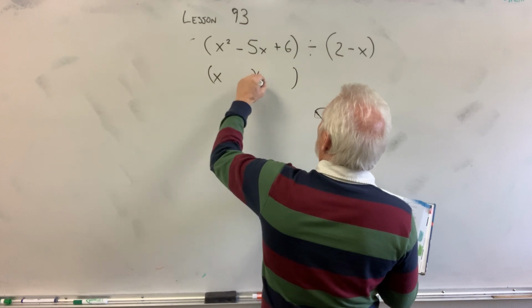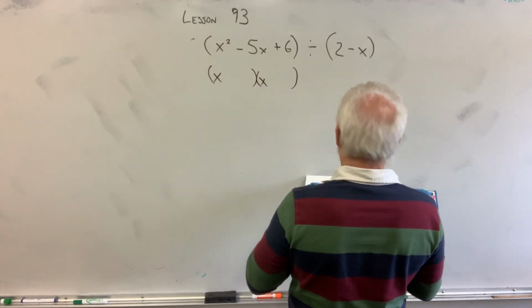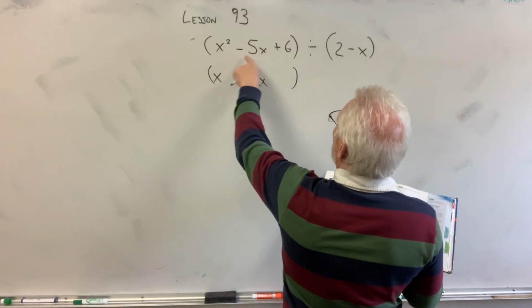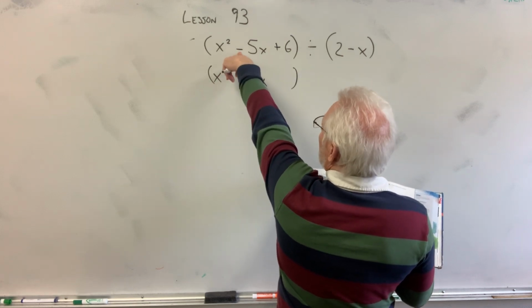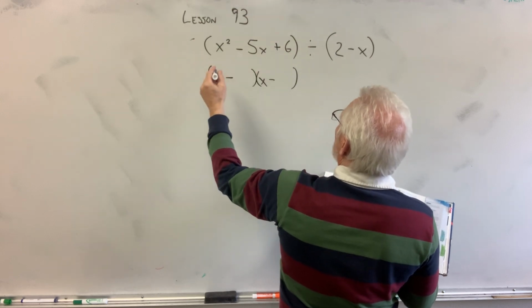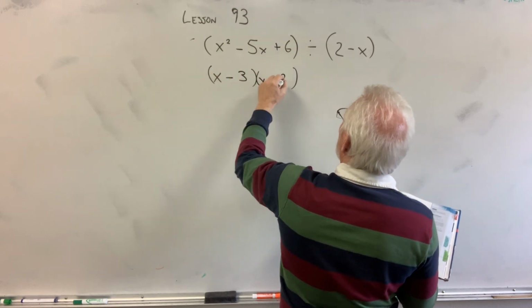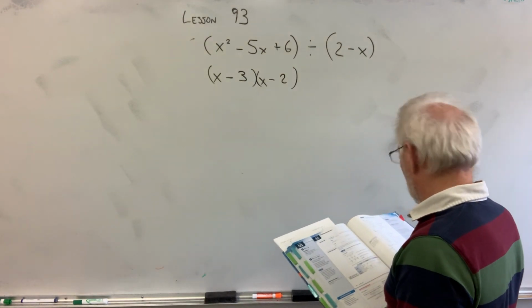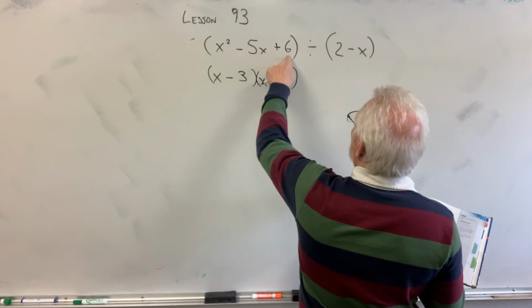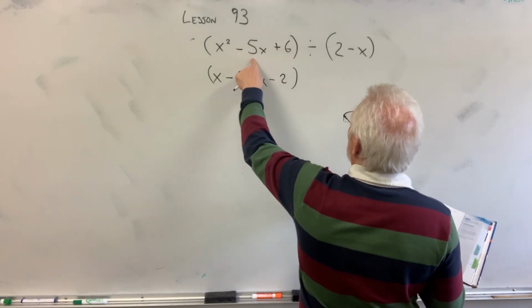We're going to get x. If you look at that, you should realize that to get this, both numbers have to be negative. And what two numbers? We're going to get 3 and 2. Hopefully that makes sense to you. Multiplying these two together gives you this, adding these two together gives you this.